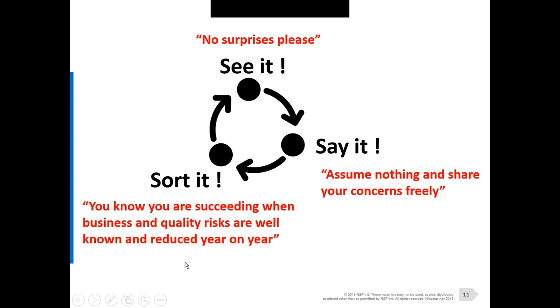And then, of course, the third one is all about, well, how do I know I'm successful? Well, I know I'm successful in this role if the business and quality risks are well known and reduced year on year. And that will then show that whatever CAPA, whatever interventions, whatever actions I'm taking are actually effective for the business as a whole.